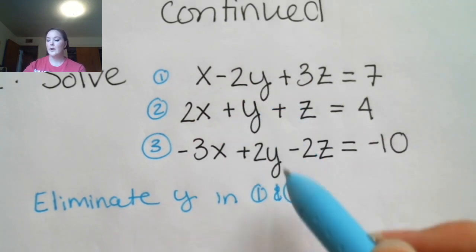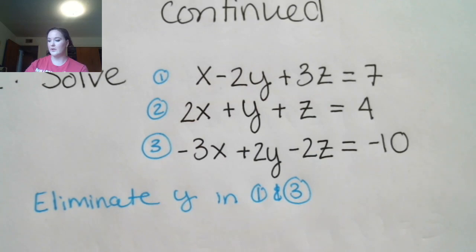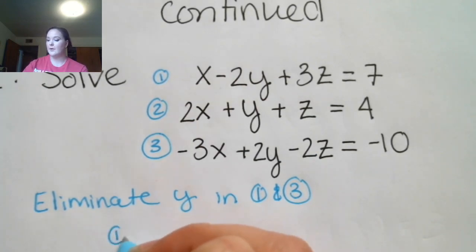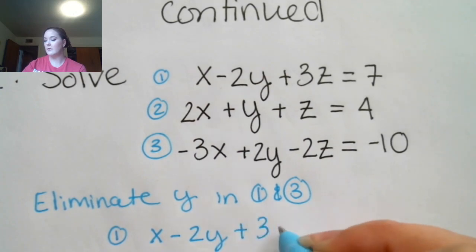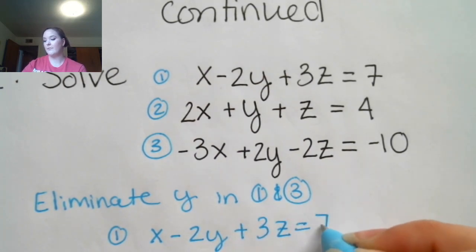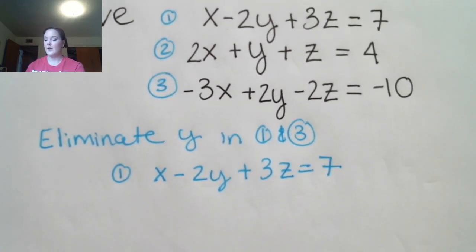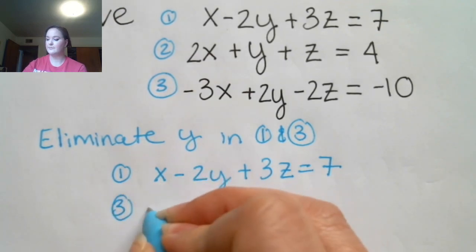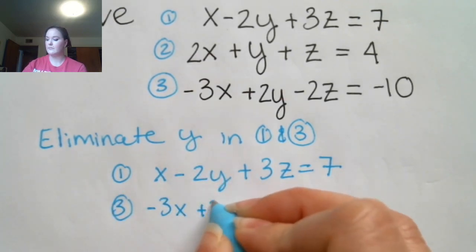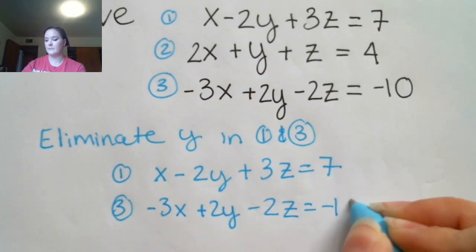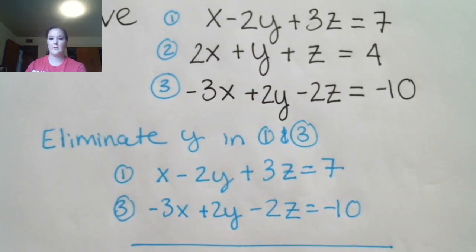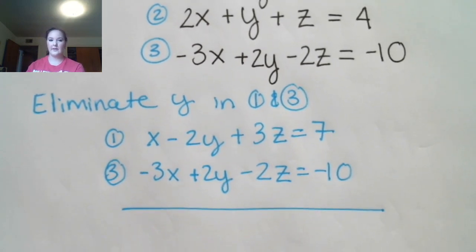So why not pick two equations that are already set up for elimination? Okay, so I'm just going to copy down both equations. Okay, and then my third equation. Okay, and now I'm going to add these together.